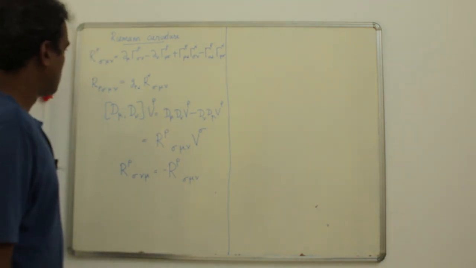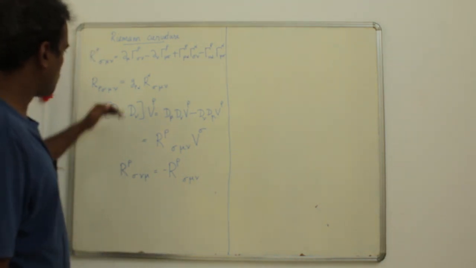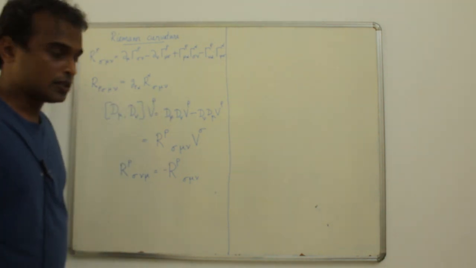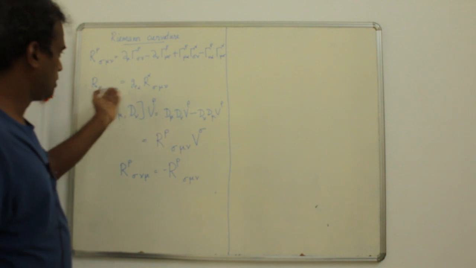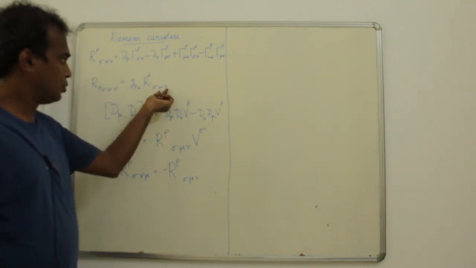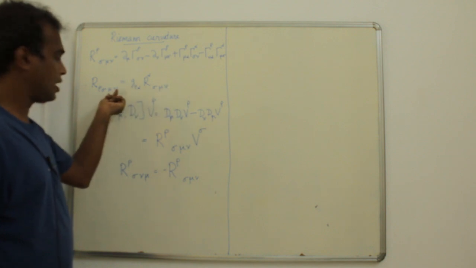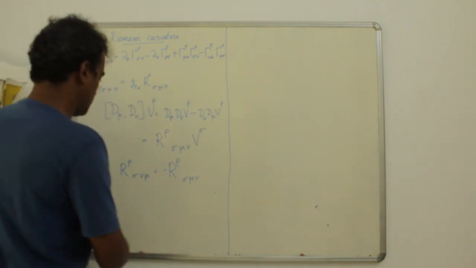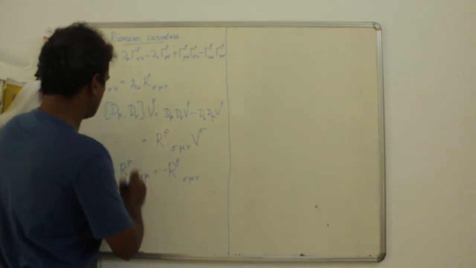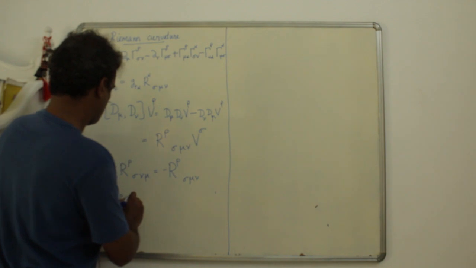Now, the same holds true for the completely covariant form of the tensor, because coming from here to here, no change happens to the last two indices. So you could write the same even for a completely covariant form of the curvature tensor.